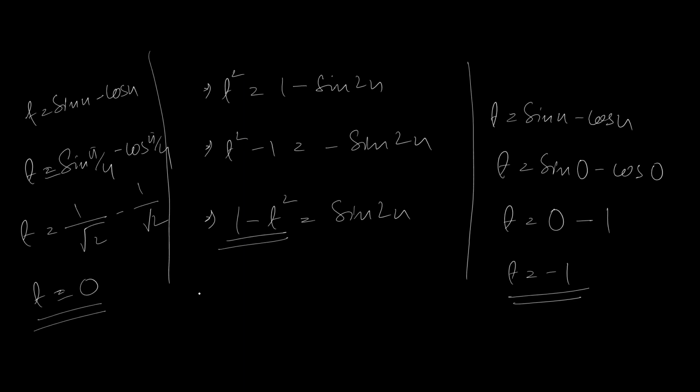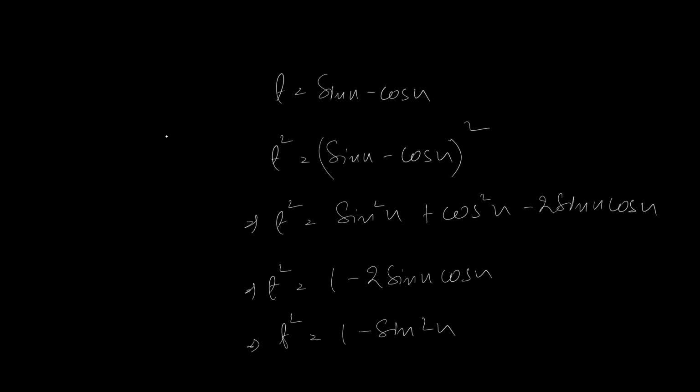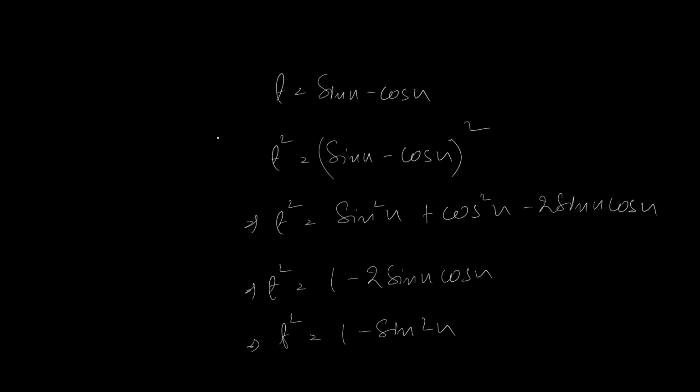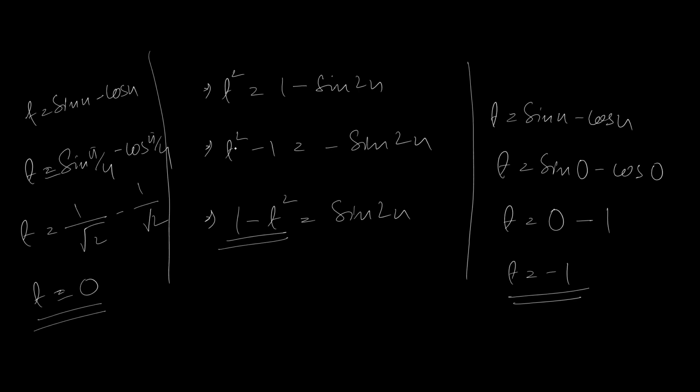So what I will get here is the integral from minus 1 to 0 of dt by 9 plus 16 times (1 minus t square).